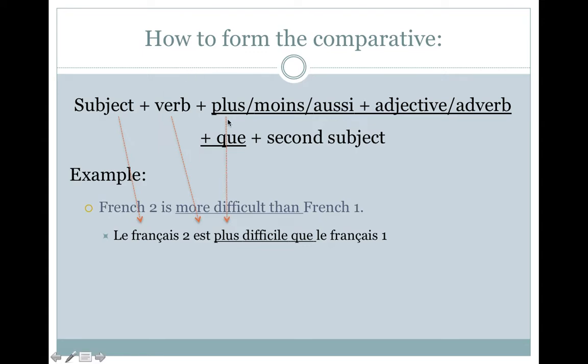Then we choose between one of these. We chose plus because that means more. Then we have our adjective or adverb, but in this case it's an adjective, difficile, difficult. Then we have the word que, that's like our translation of than. And then we have our second subject, the thing that we are comparing our first subject to, which in this case is français 1. So more difficult than is translated as plus difficile que, and that is our comparative.